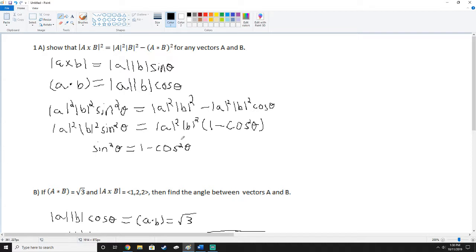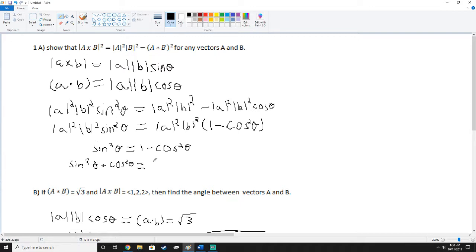Now, if you take a look at our final equation, you'll notice it looks really similar to the Pythagorean identity of sine squared plus cosine squared is equal to 1.